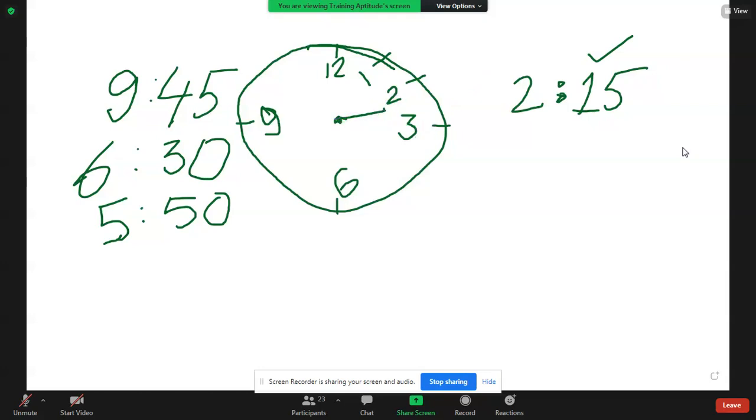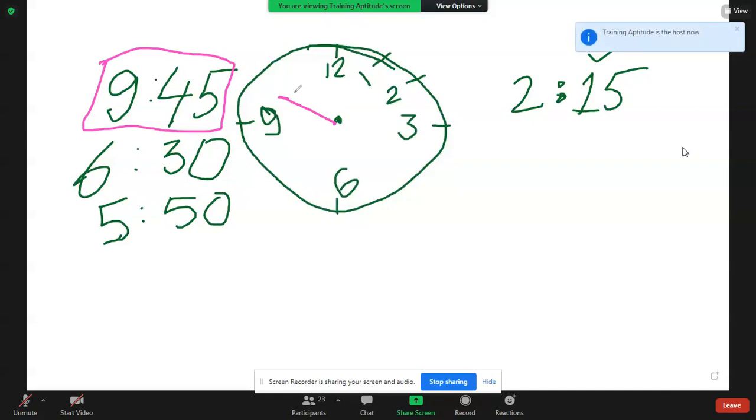Okay, let's look at the next question. 9:45. Students, you need to participate and you need to ask questions. And in case you understand, of course, you have to inform me accordingly. 9:45. So the hour hand would be here, and the minute hand would be here.